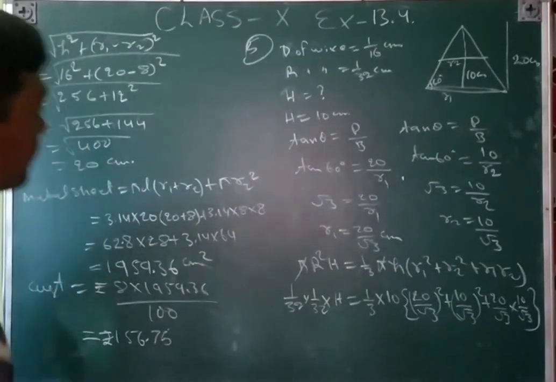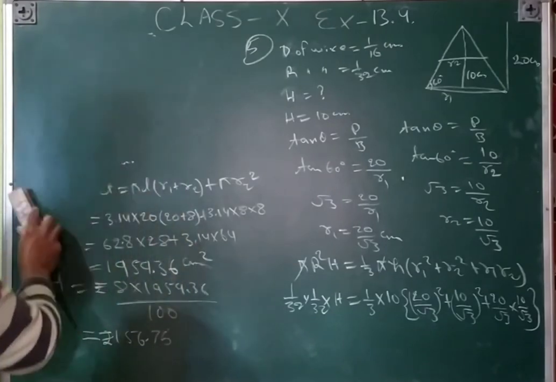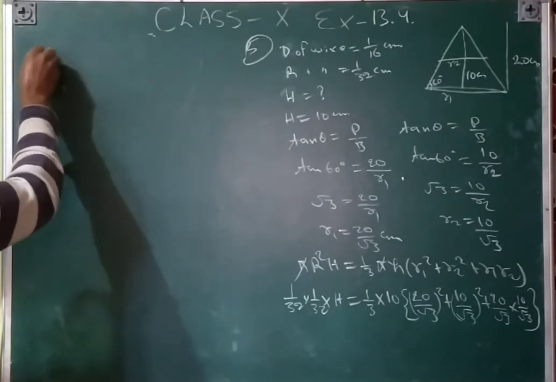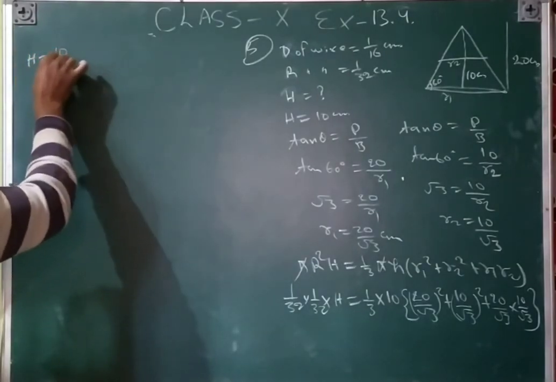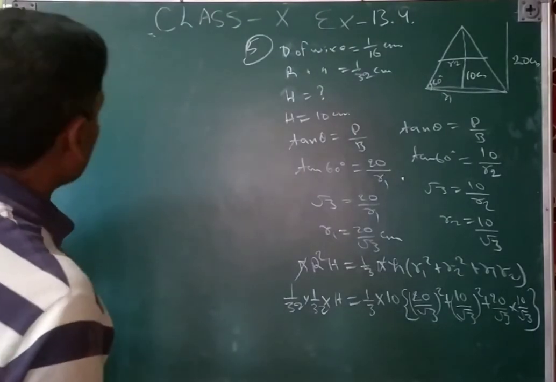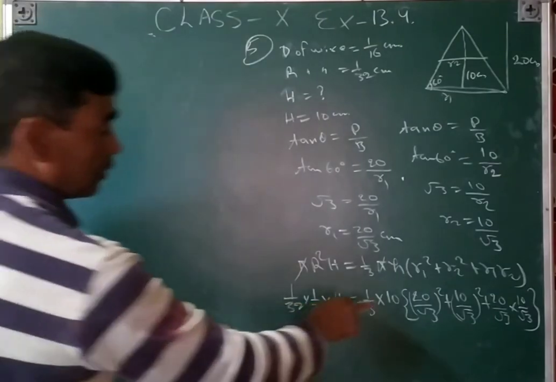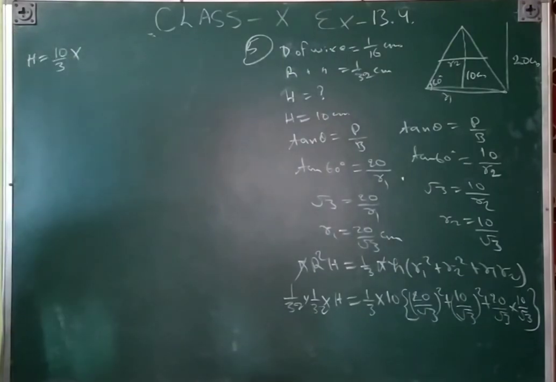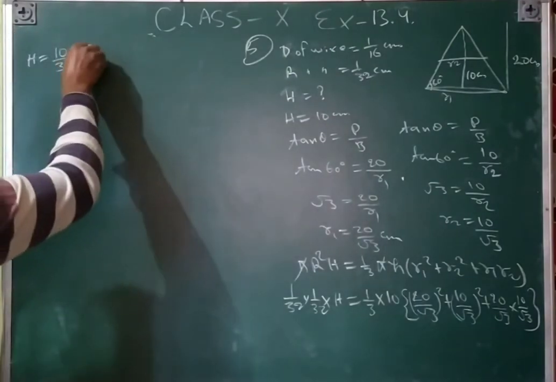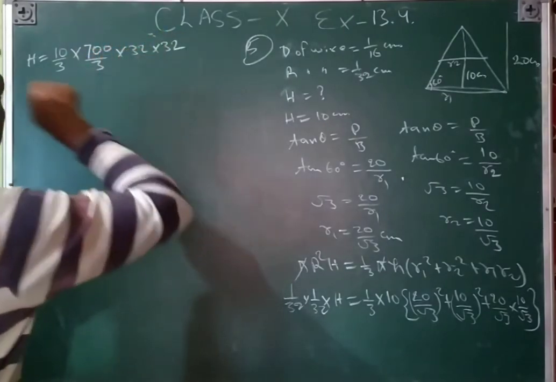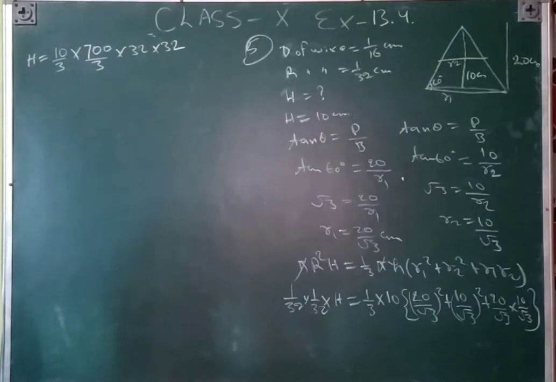Now you will see that h is equal to 10 upon 3 into, that calculation will be 400 upon 3, 100 upon 3, 200 upon 3, that will be 700 upon 3, 700 upon 3 into 32 into 32. I think that will become 10 upon 3 into 700 upon 3.